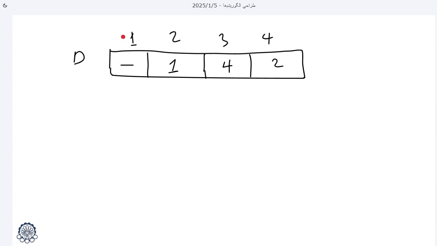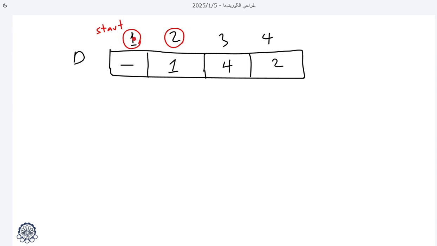Okay, node 1 was the start vertex. Node 2 in the previous step was W. We do not consider a start vertex, and the vertices that were W in the previous steps.